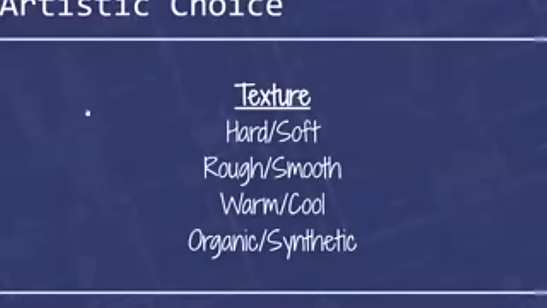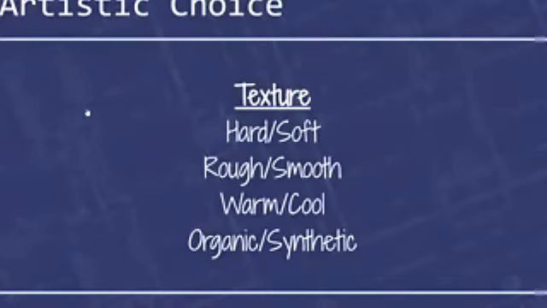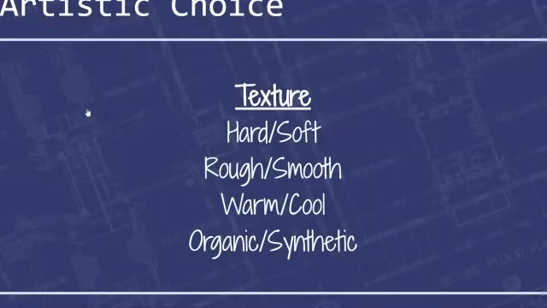Does that make sense? And then you've got organic versus synthetic, and that's not just in terms of fabric. That would be leaves versus bricks, a man-made building versus a cave, how those shapes came to be in the world of your play. So you've got to think about all of those sorts of things as you go.